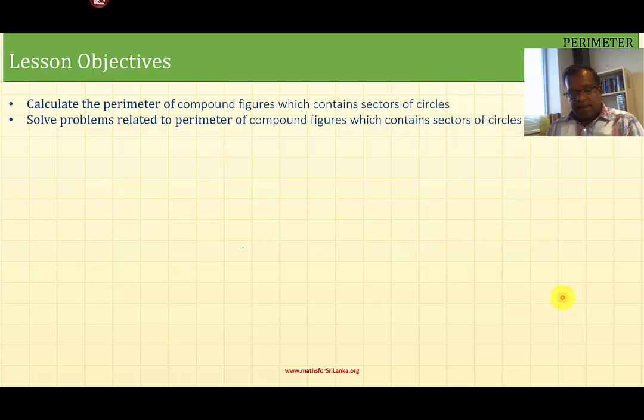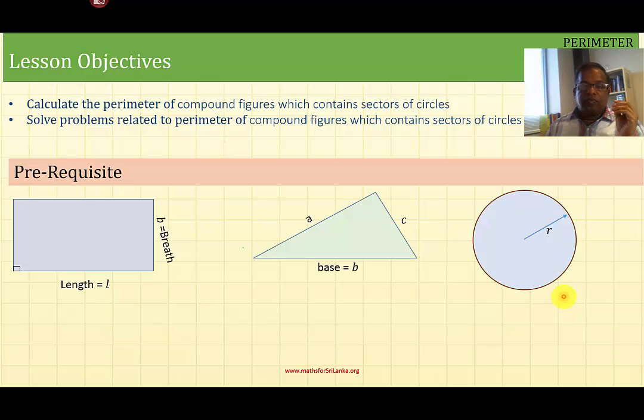As a prerequisite, these are the things that we're supposed to know from the 9th grade class. I assume that you know what we mean by the perimeter of a rectangle, perimeter of a triangle, or perimeter of a circle, which is actually called the circumference of a circle.